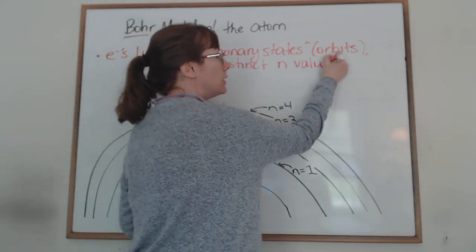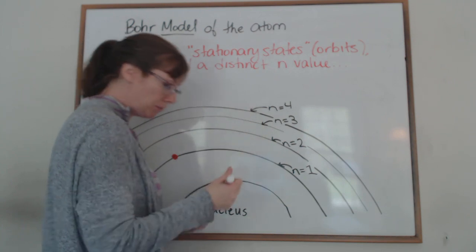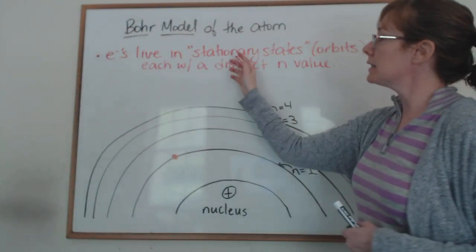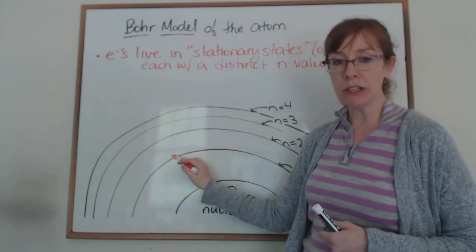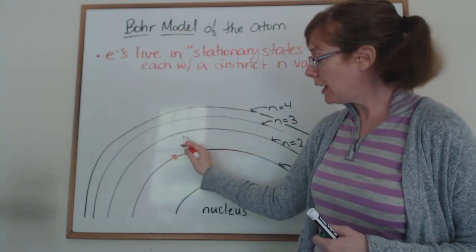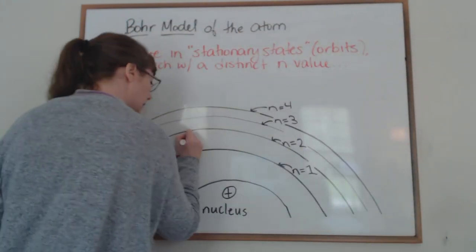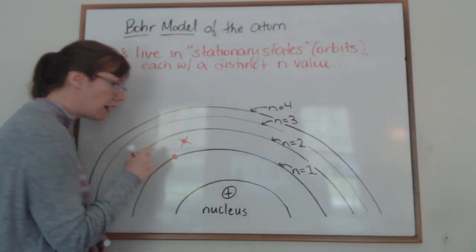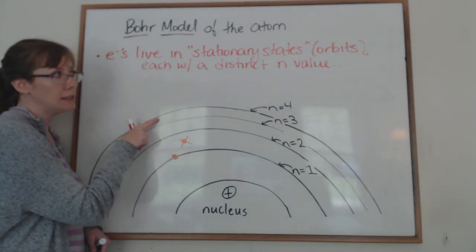The n value is basically the first level, the second level, the third level, the fourth level. Stationary means you can't move. The idea here is that the electron cannot live anywhere. It can't live in between. This is not allowed. The electron cannot live in between. It must live on one of these stationary states.